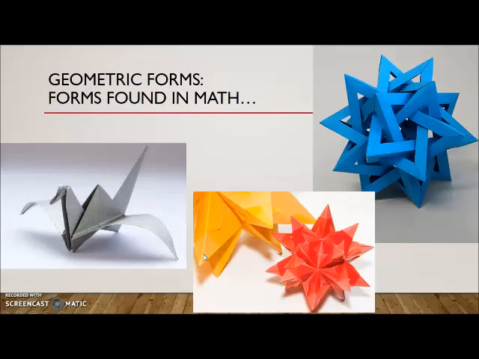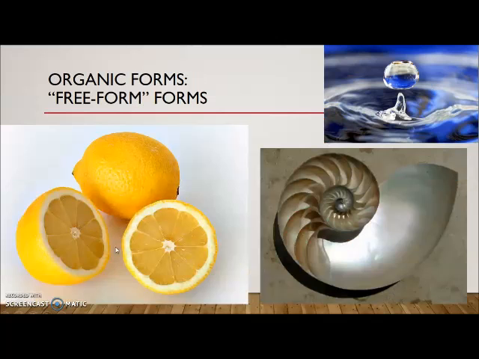Unlike geometric forms, like the origami paper folding sculptures in these images here, organic forms are forms that are not measurable in math, or not as easily measurable in math. Like the piece of fruit here, the lemon, is an organic form, or any other kind of fruit is an organic form.